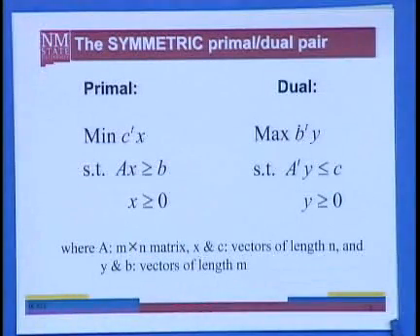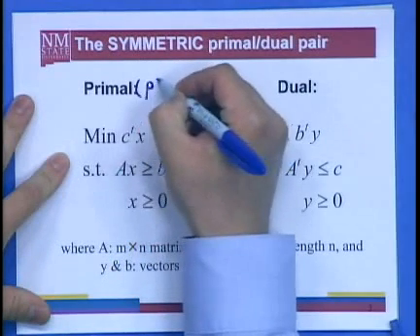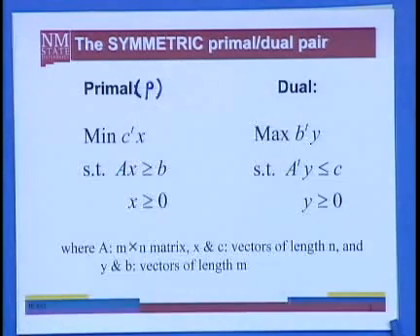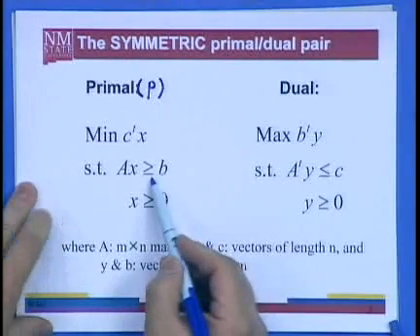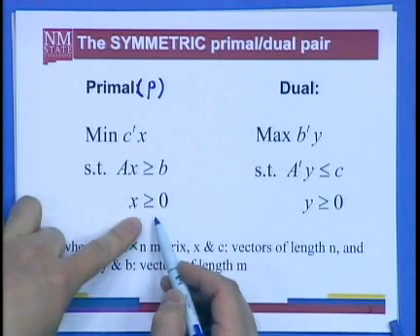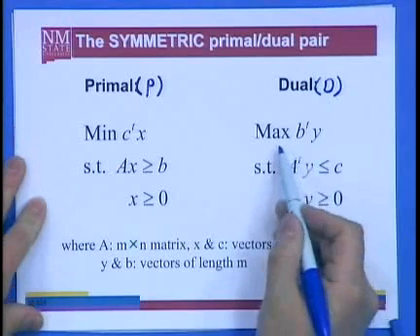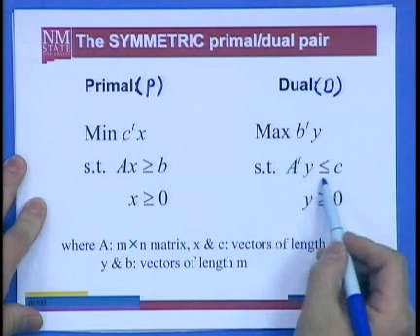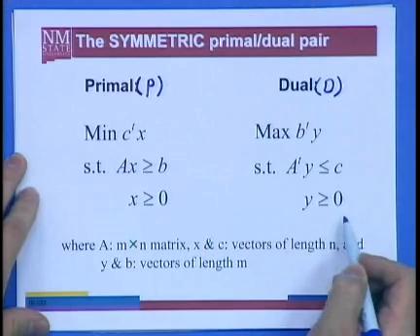In this pair, the primal problem is a minimization problem with greater-than-or-equal constraints and non-negativity restrictions. And the dual problem is a maximization problem with less-than-or-equal constraints with non-negativity restrictions.